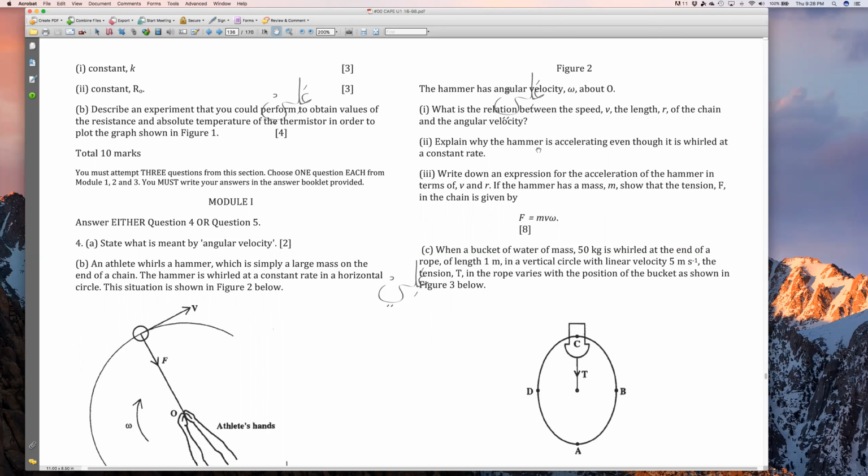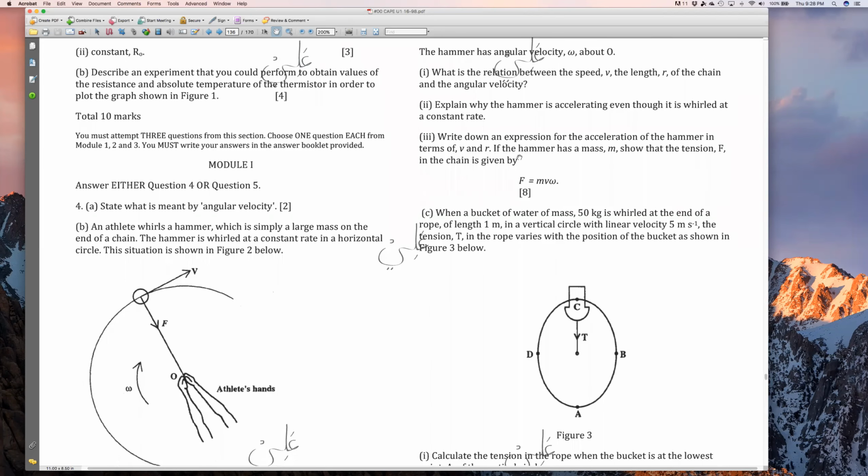Explain why the hammer is accelerating even though it's rolled at a constant rate. We discussed this in class at the very beginning of circular motion. When a body is moving in a circle, although it's moving at a constant rate, the direction of motion is changing. And if the direction of motion is changing, it means the velocity is changing.